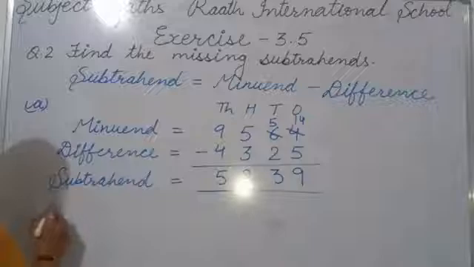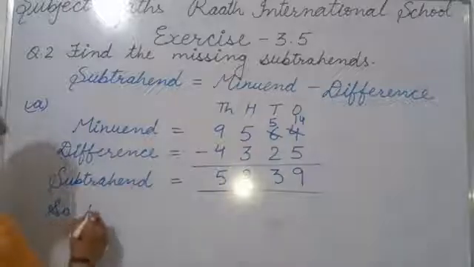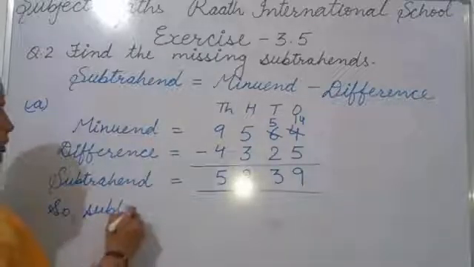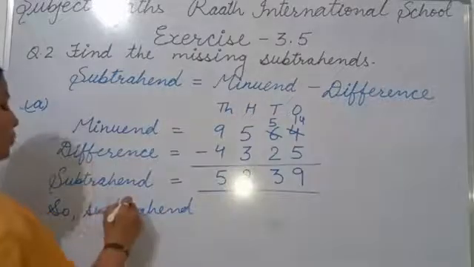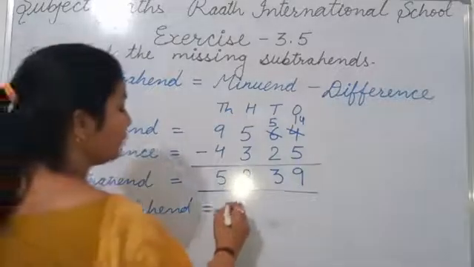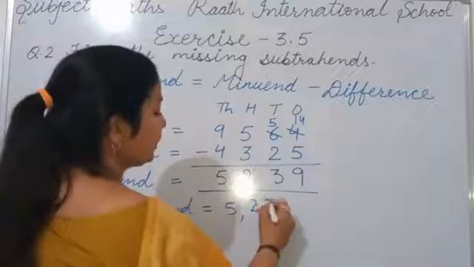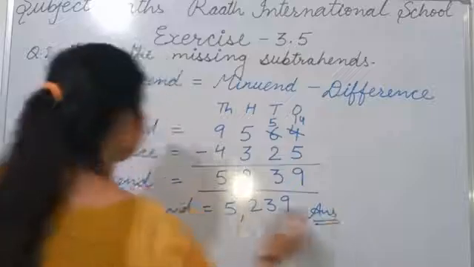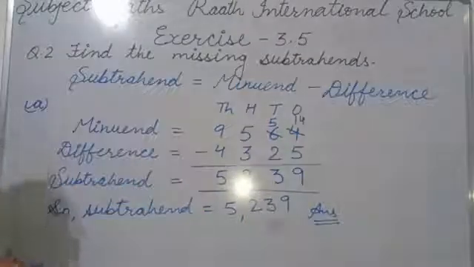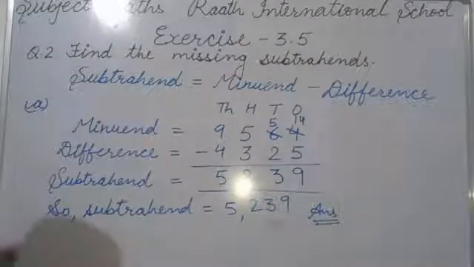So we write here subtrahend equals 5239. That's your answer. In the same manner we will do B, C and D parts. B part we will do, and C and D you will do yourself.